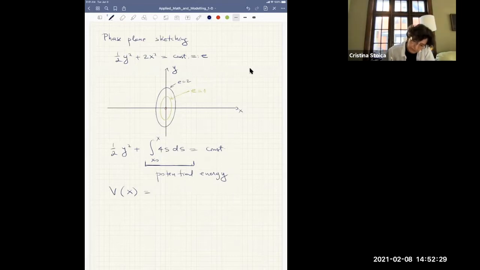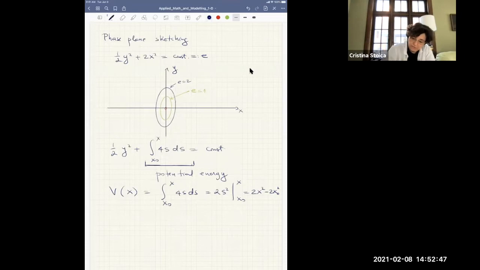The way we're writing it, we should write it as the integral from x naught to x of 4s ds. But this is 2s squared from x naught to x, so essentially we get 2x squared minus 2x naught squared.